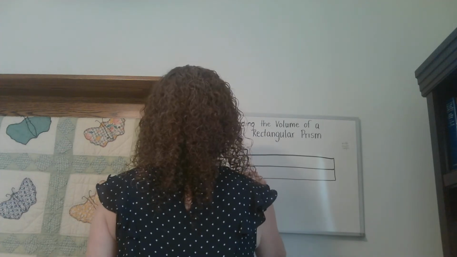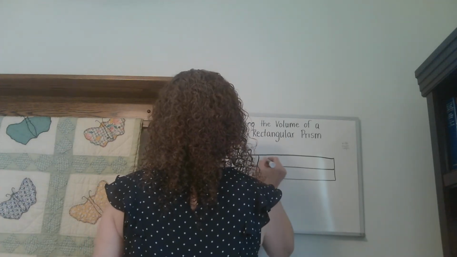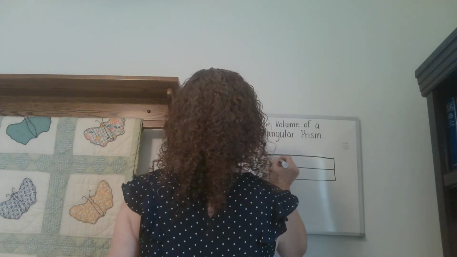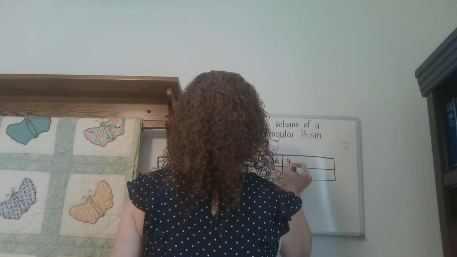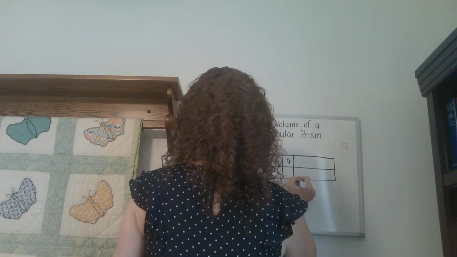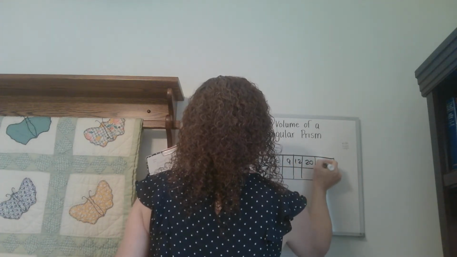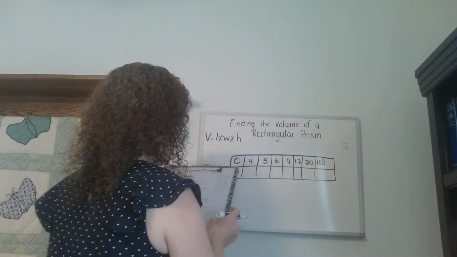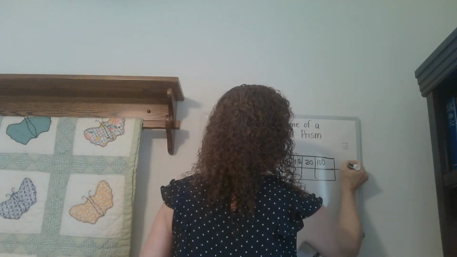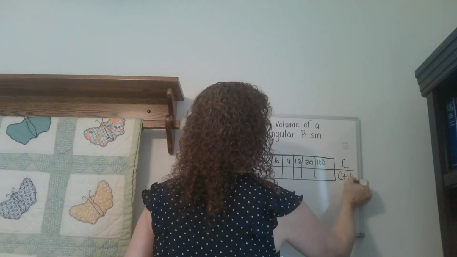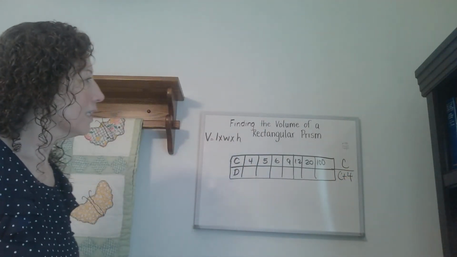All right, so I have 4, 5, 6, 9, 12, 20, 100. And C is equal to C plus 4. All right, C is equal to C plus 4.